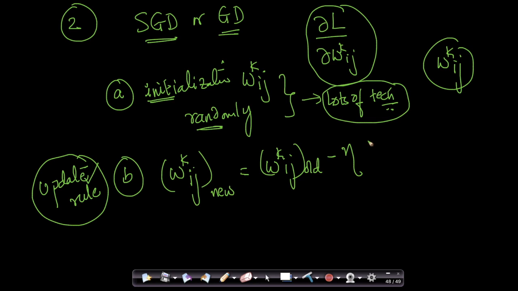Then you have to compute the partial derivative of L with respect to Wkij. So when you initialize it, which means at iteration 0, you will have a random value. You'll compute the new value by taking the old value and subtracting this, multiplied by the learning rate.